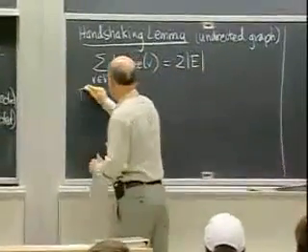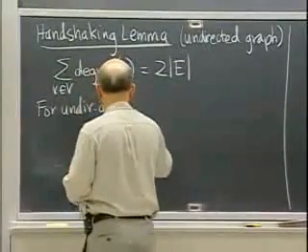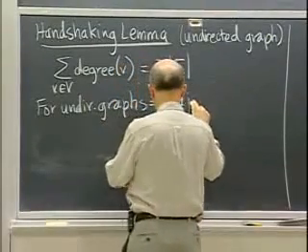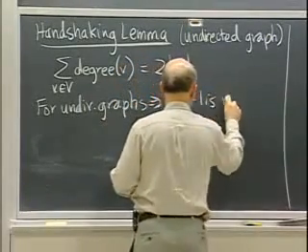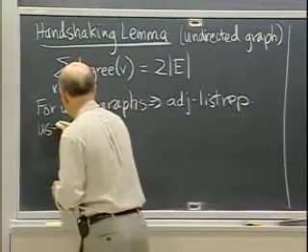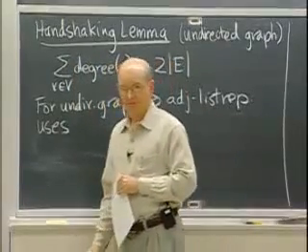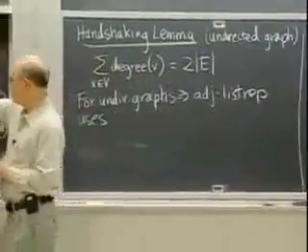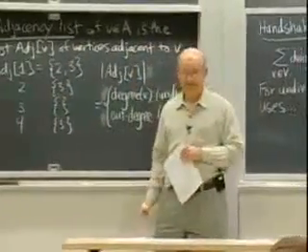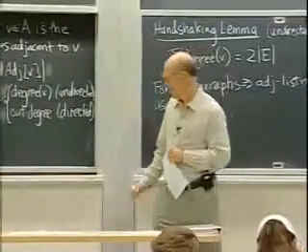So what that says is that for undirected graphs, that implies that the adjacency list representation uses how much storage? Okay, at most 2e, so order e, plus the number of vertices.